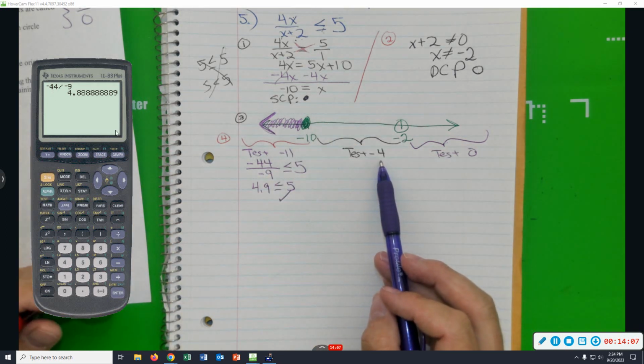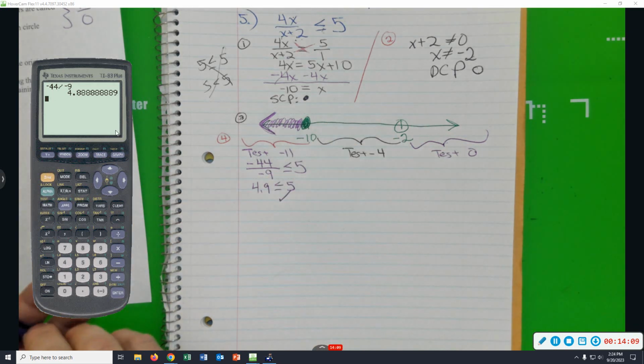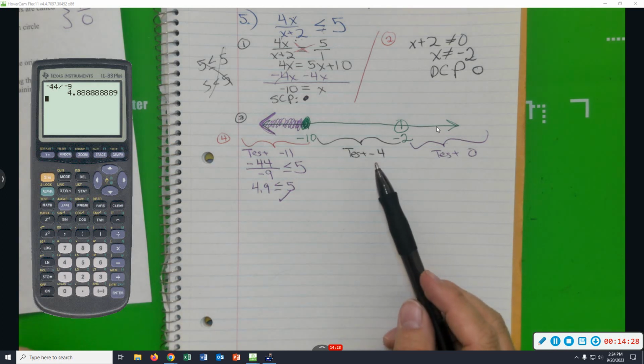Now we're going to plug in -4. Can I interrupt for just a moment? At this point, if you knew what I meant by the word alternate, if this first one is true and it's alternating, what would you guess the next interval is? False. And the following interval? True. Most of the time it'll alternate.